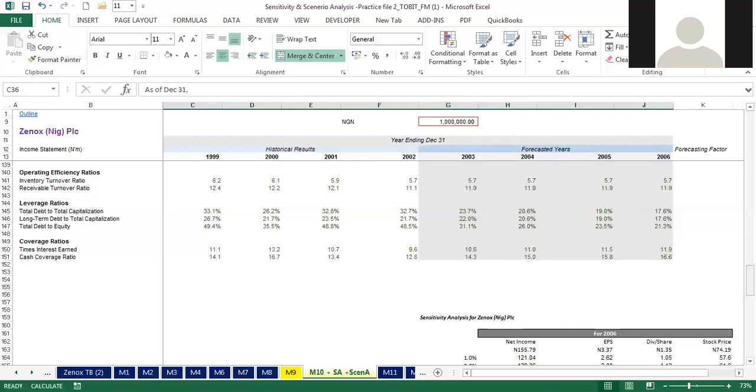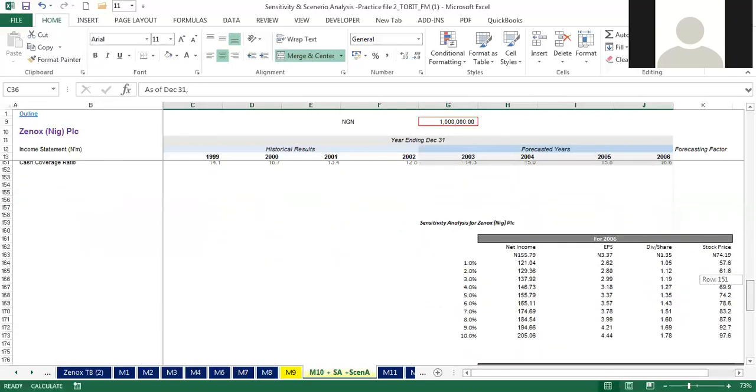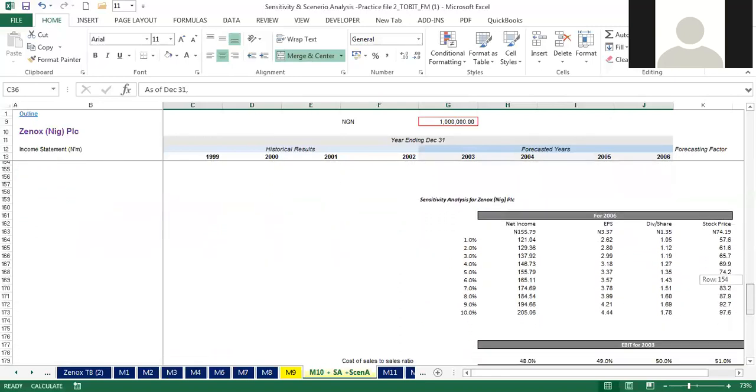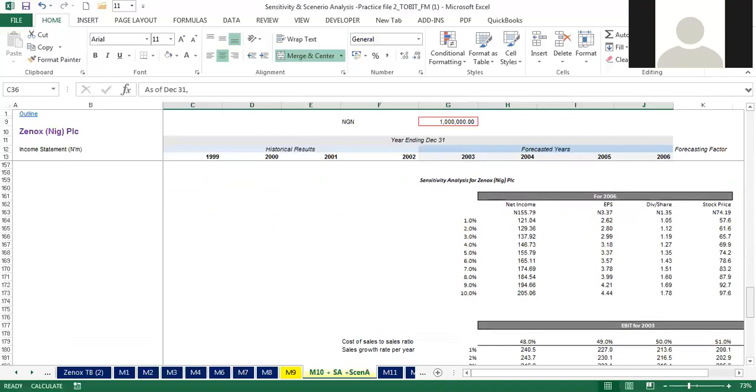Okay. All right. So for sensitivity analysis, let me explain. I believe we all understand what sensitivity analysis is. Can someone tell me what it is and what the purpose of sensitivity analysis is? Please, let's make the class interactive.